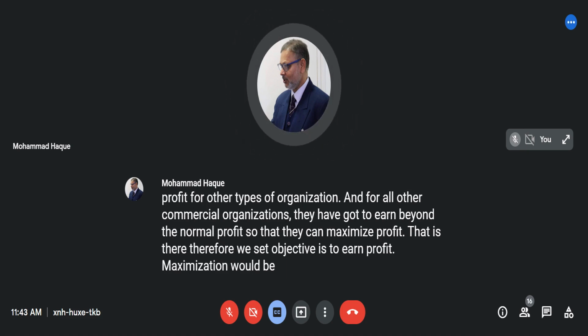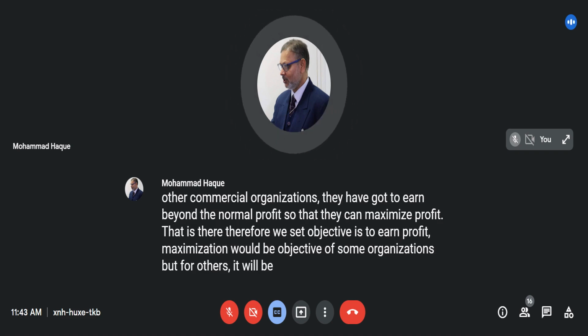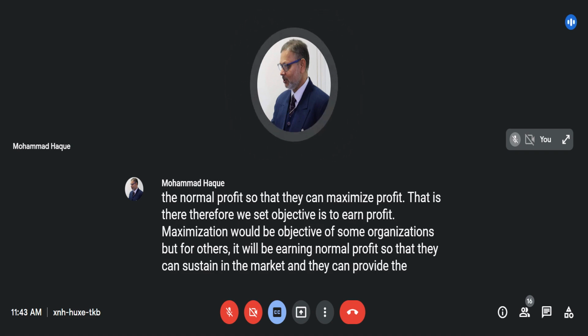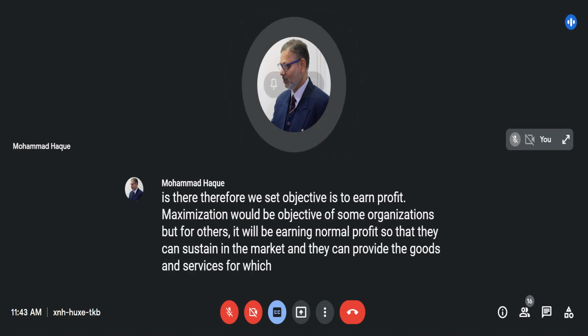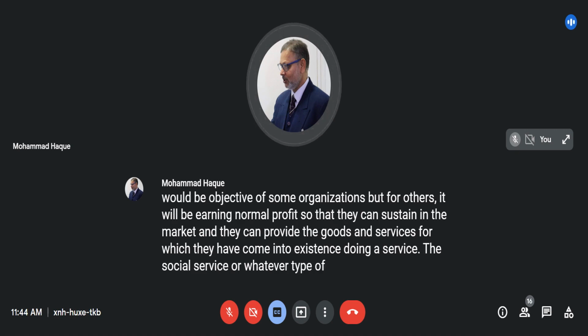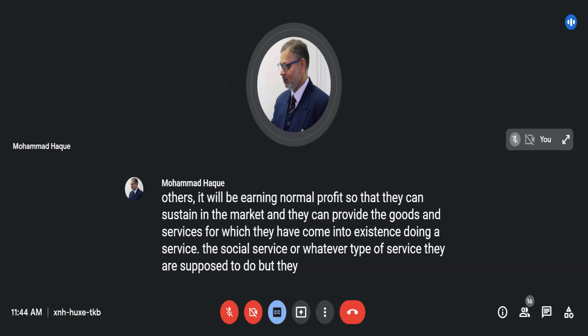Maximization would be objective of some organizations, but for others it will be earning normal profit so that they can sustain in the market and they can provide the goods and services for which they have come into existence, doing a service, the social service or whatever type of service they are supposed to do, but they have to have funds to do it.